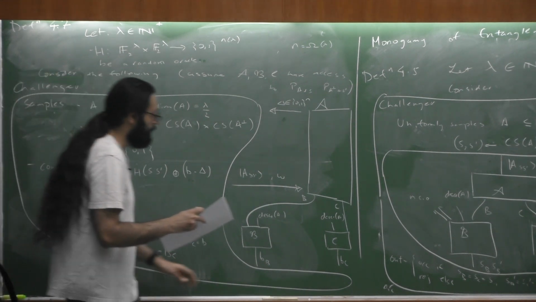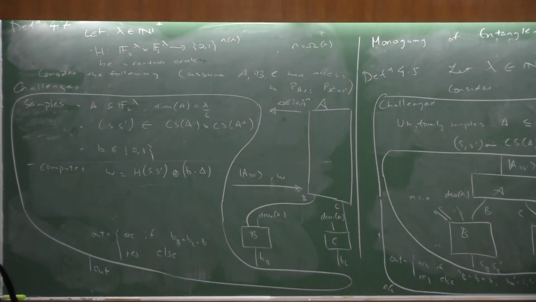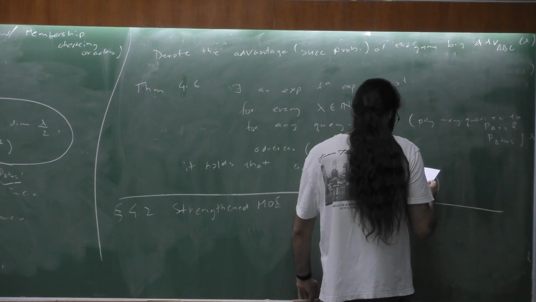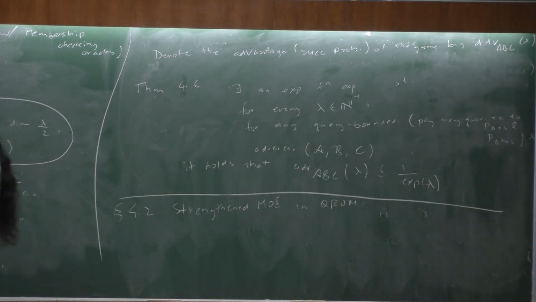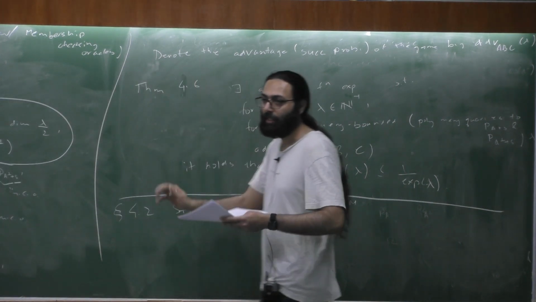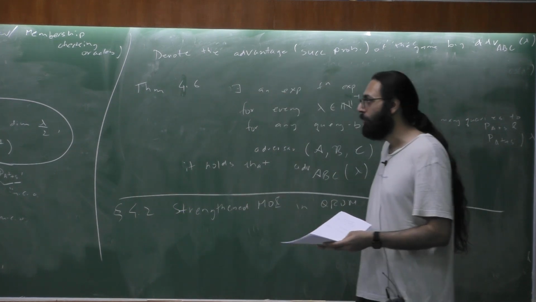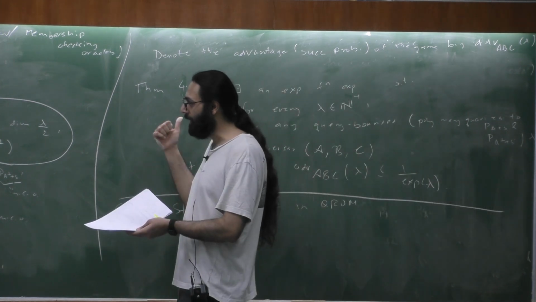Okay, so that's the output. Most of our work would be in showing that this statement is true, that you can't win this game with probability more than half. So that's going to be the heavy lifting. But before we do that, I'm going to write down the theorem now.